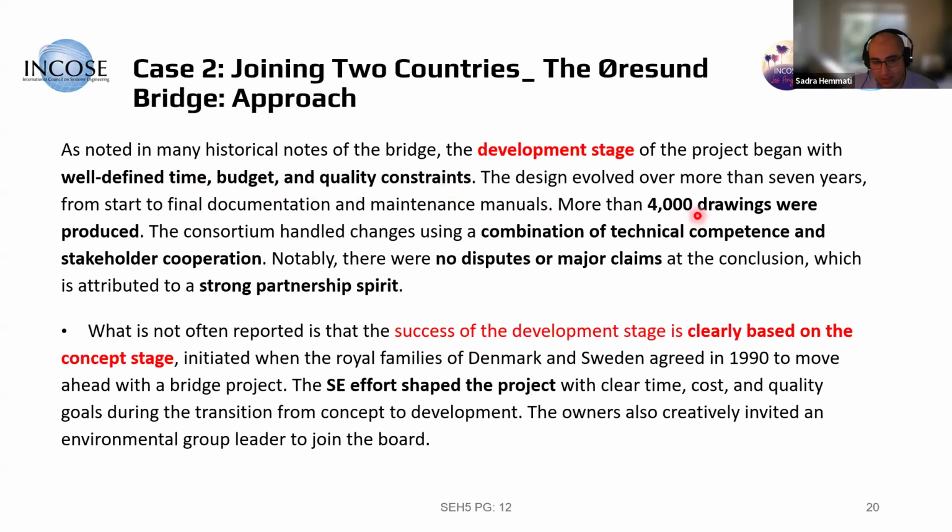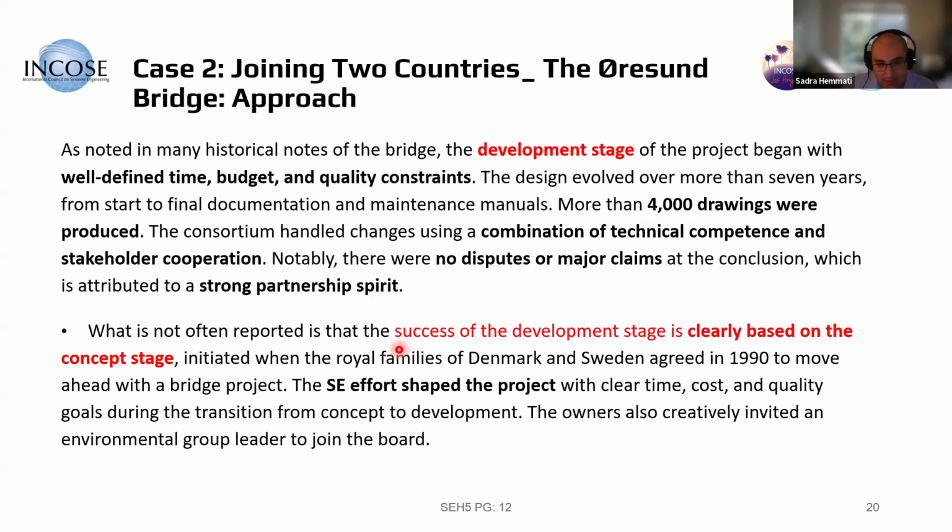It took 7 years for them to develop that, with 4,000 drawings in the design space. And also, interestingly, the stakeholder coordination was good because there were no disputes or major claims, which was caused by a strong partnership spirit.